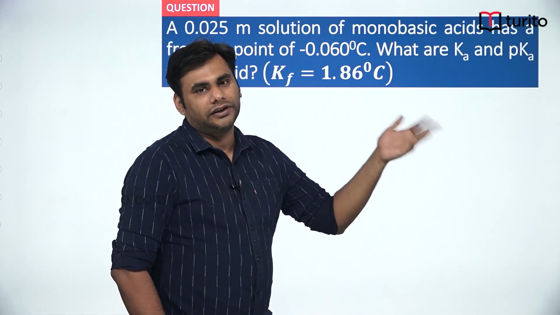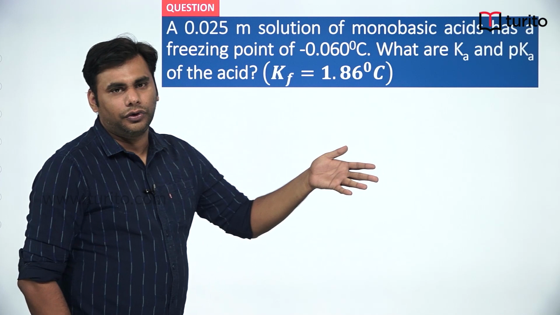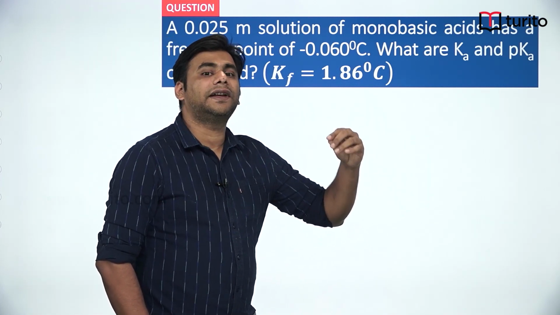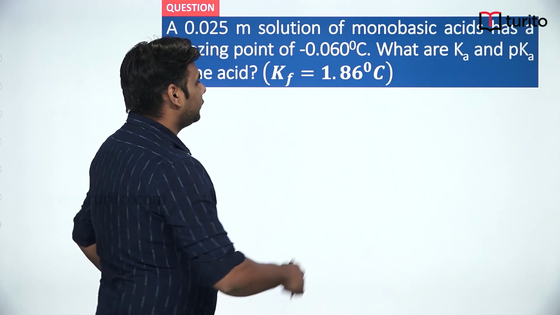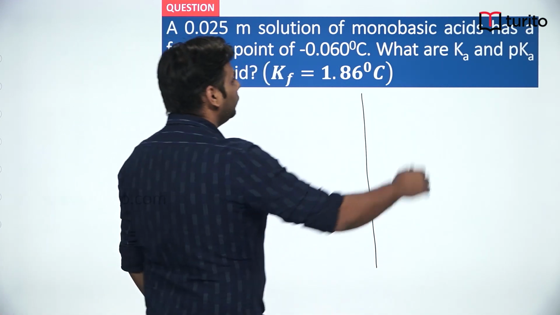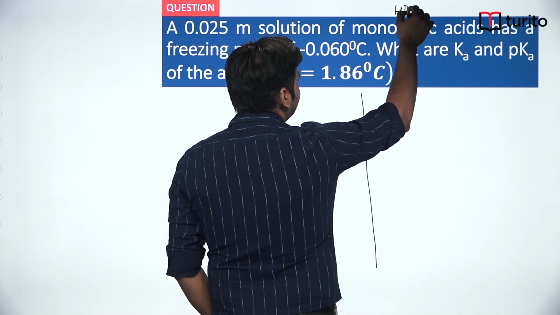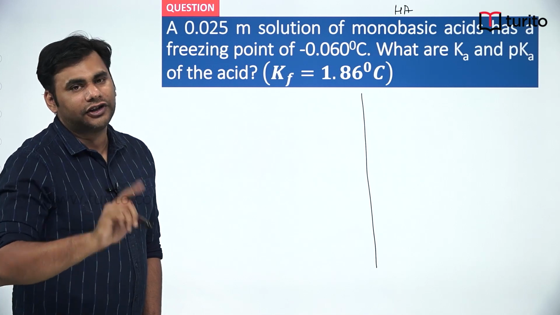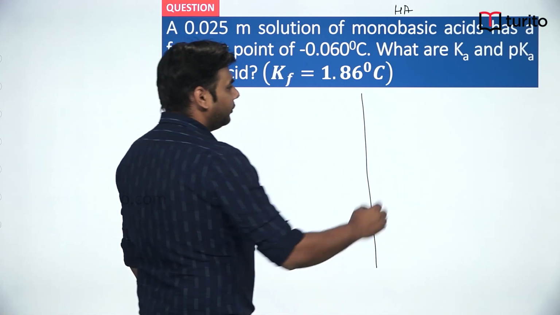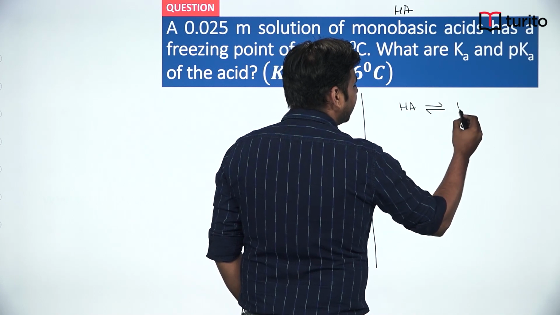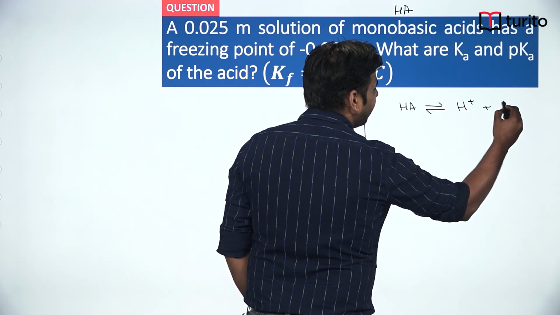So we will not say that its Van't Hoff factor is 2. Because it is a weak acid, it will be 1 plus alpha, which you have to also derive. Let us assume the monobasic acid is HA. Because it is monobasic, it will furnish only one H plus ion in the solution. It will ionize in solution as H plus and A negative.